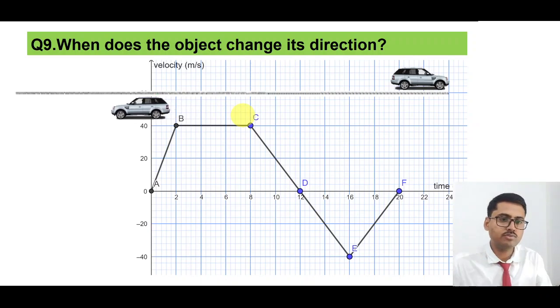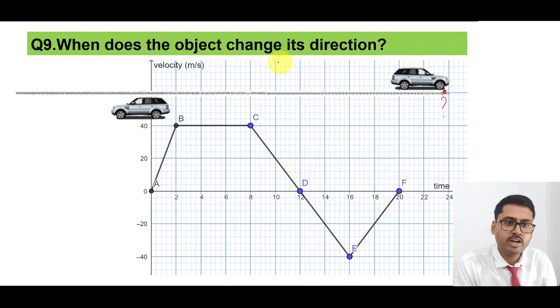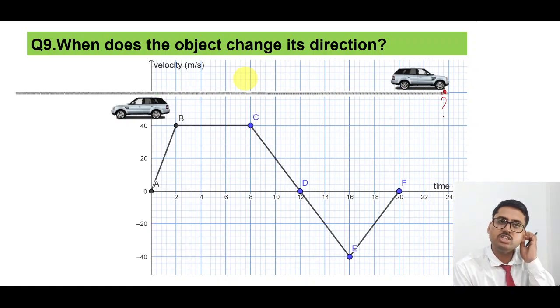So you have to identify which point A, B, C, D, E, F, which point is indicated over here, or the point where the object changes its direction.